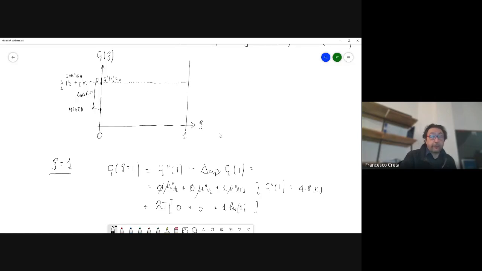So clearly, we have a pure substance, and therefore the mixing Gibbs energy is, by definition, at Xi equals 1, 0. So we're left with this guy over here, okay?